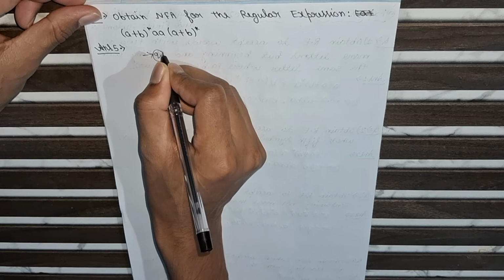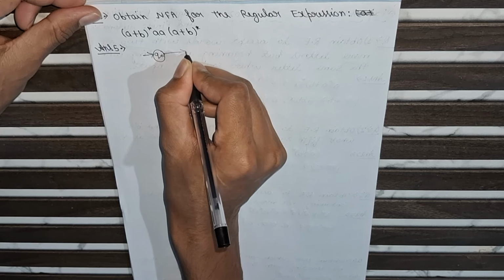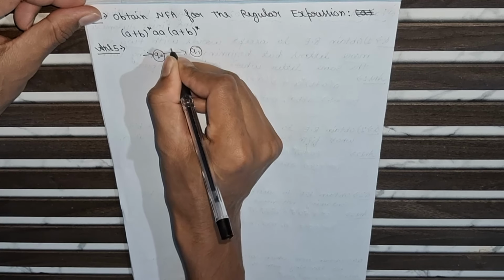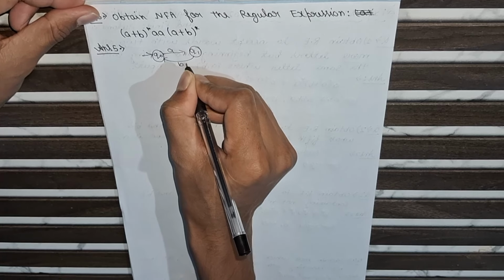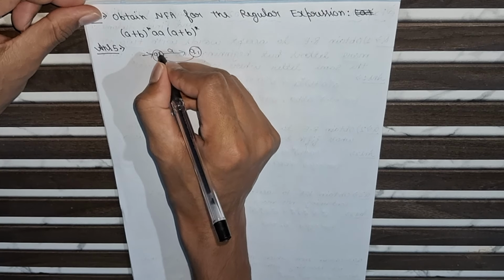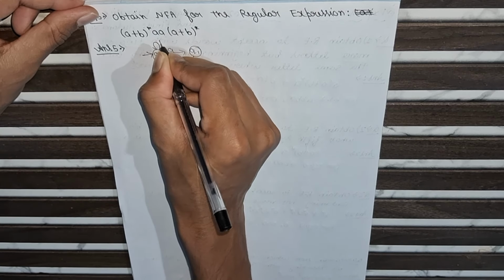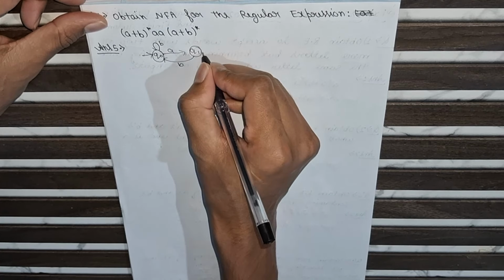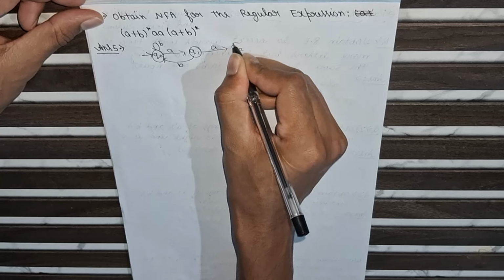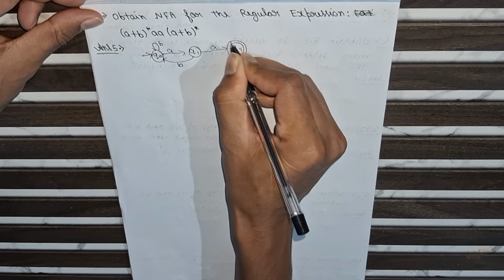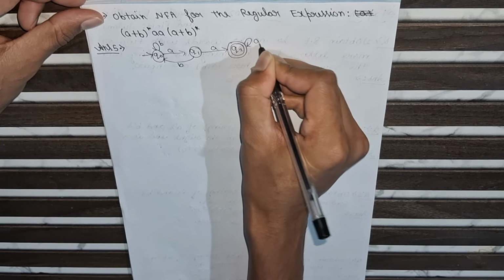In q0 the input symbol A goes to q1, and with the input symbol B it is a self loop at q0, and from q1 with the input symbol A it is going to q2, and at q2 A, B.